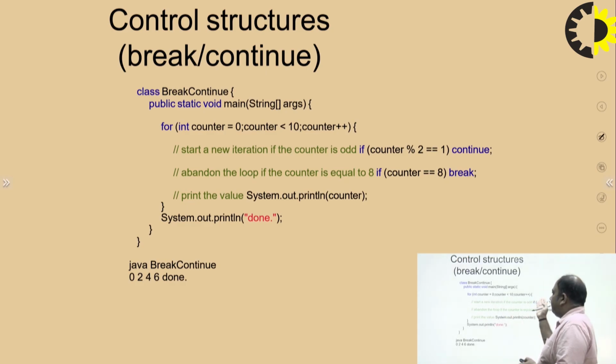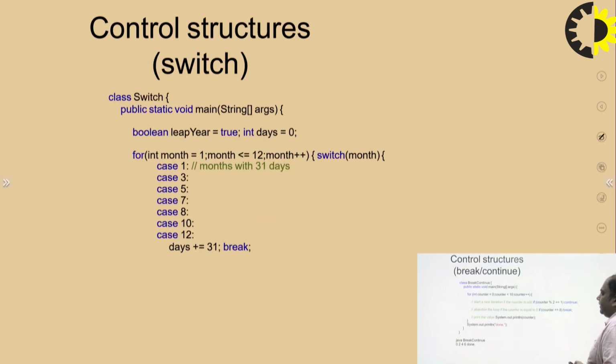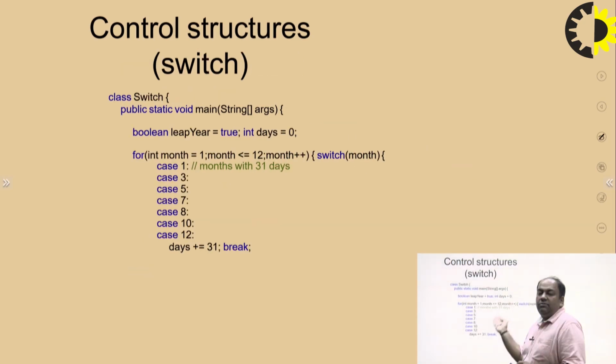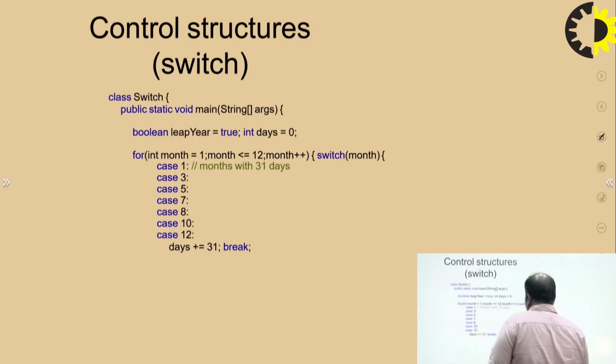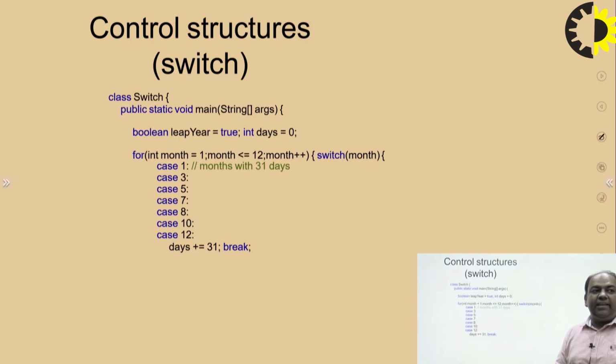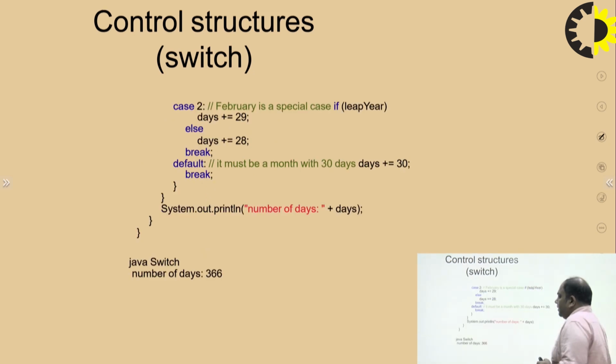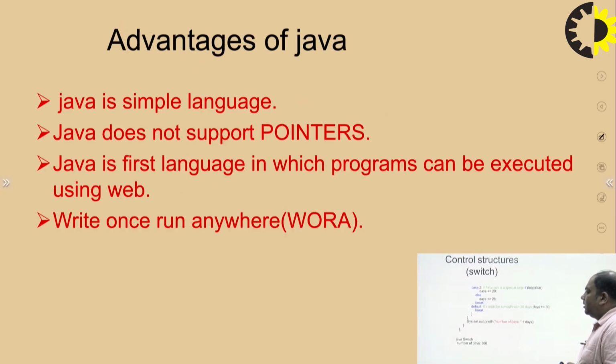For example, we have to run a code with a counter less than 10. After 10 it will break, and it will show the output of the even numbers. Then switch, same as we use in C and C++. The programming syntax is the same, but the defining criteria are different. This is for the leap year. As February is a special case, we write days as 29 and 28. If 29, it is a leap year; if 28, it is not a leap year.